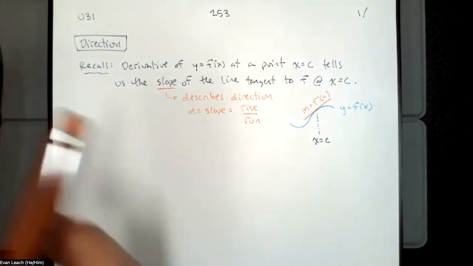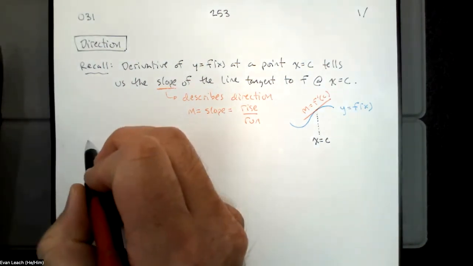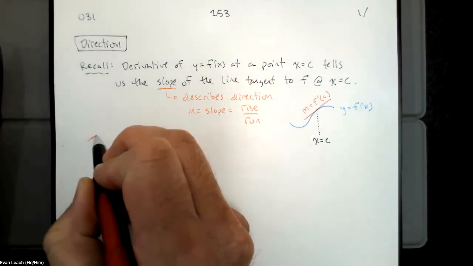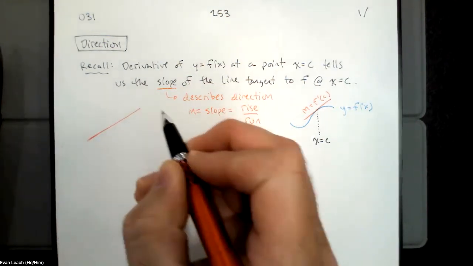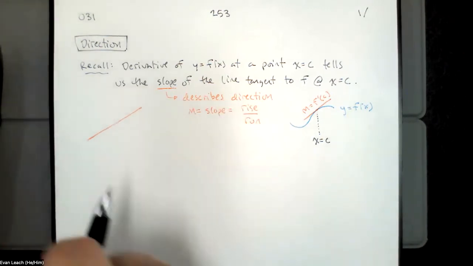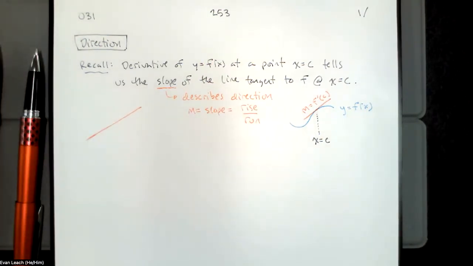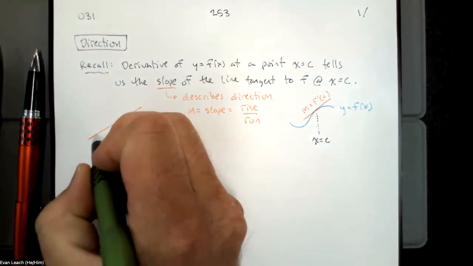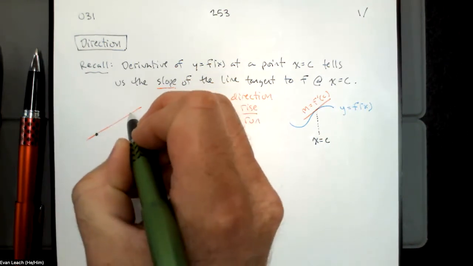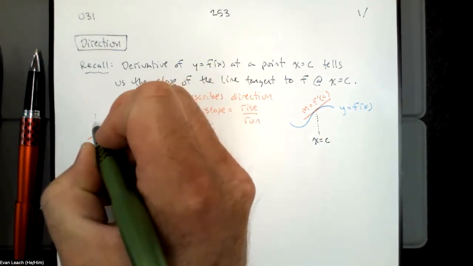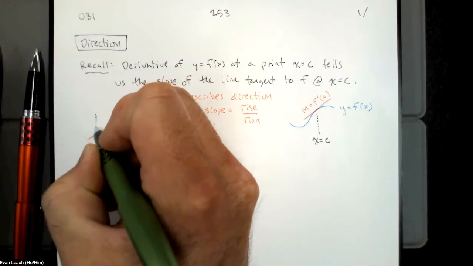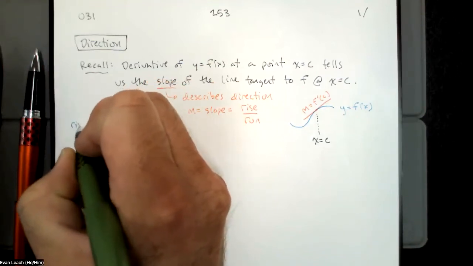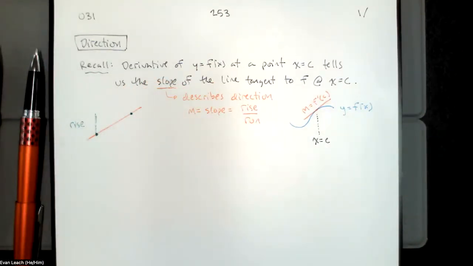So when we have a line, the reason that lines are so simple is that the ratio of the rise to the run is constant between any 2 points. So between, say, point 1 and point 2, we have a rise and a run.